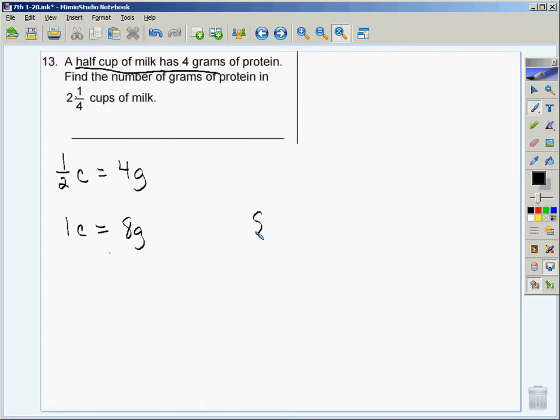I know that there's 8 grams in 1 cup, and they want to know how much there is in 2.25 cups. So I just multiply 8 times 2.25, and I find out that there are 18 grams in 2 1/4 cups.